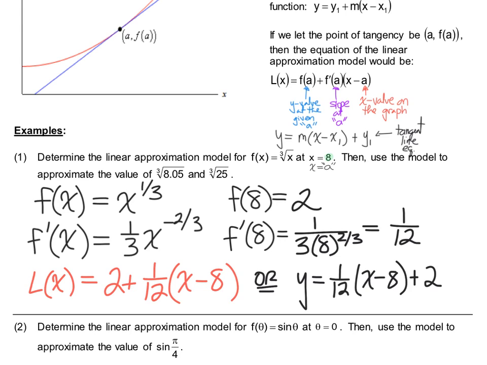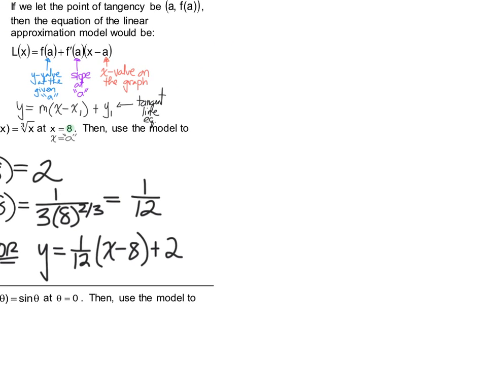Now we want to approximate the values of the cube root of 8.05, and then also the cube root of 25. So I'll use the y one. If they didn't give us 8 as the a value, would you use 8.05 or 25 as the cube that you work with?